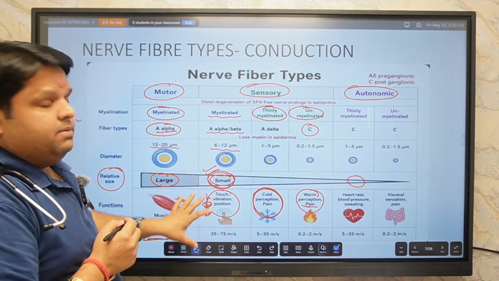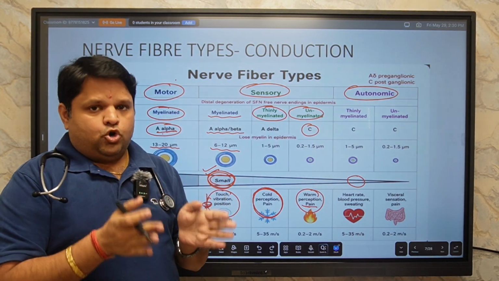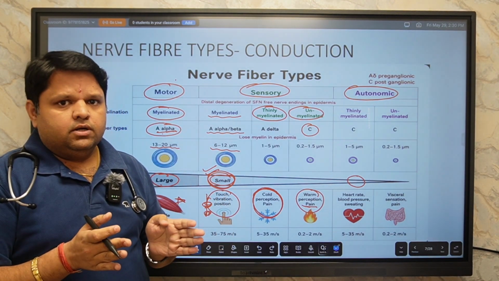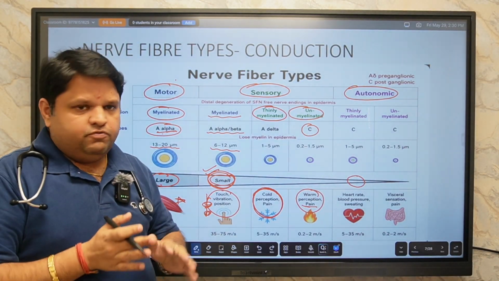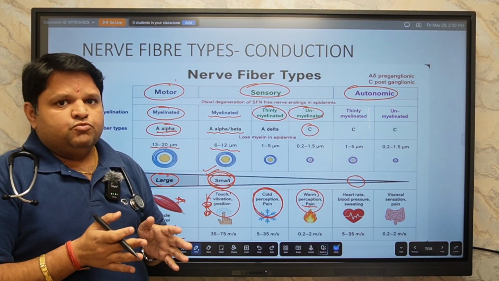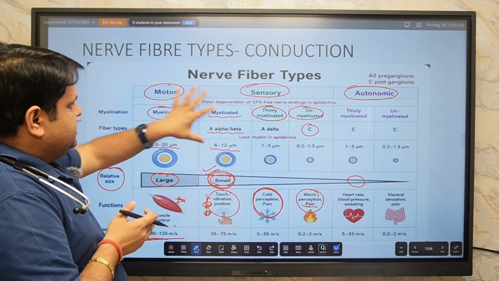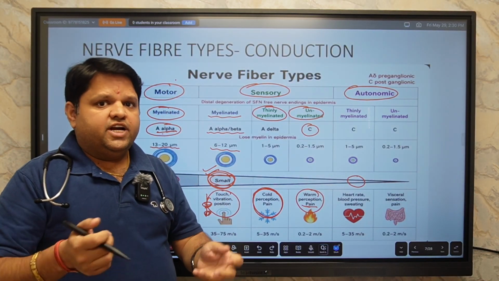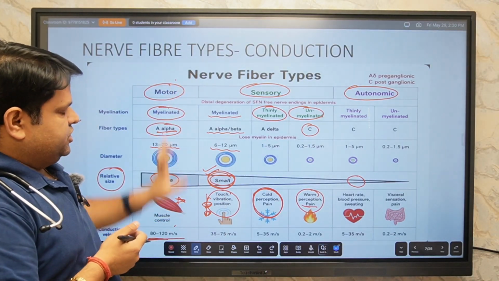So they carry impulses at a higher rate, conduction is fast, because when we maintain a posture, for maintenance of posture and balance we require the coordination of the motor and the posterior column, and these fibers require a high conduction rate. That's why these fibers are myelinated, large fibers with high conduction rate.